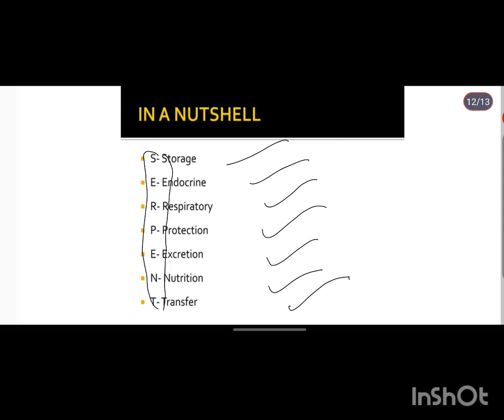That means storage, endocrine function, respiratory function, protection, excretion, nutrition and transfer. So these are the main functions of the placenta, usually asked for a 5 marks question.